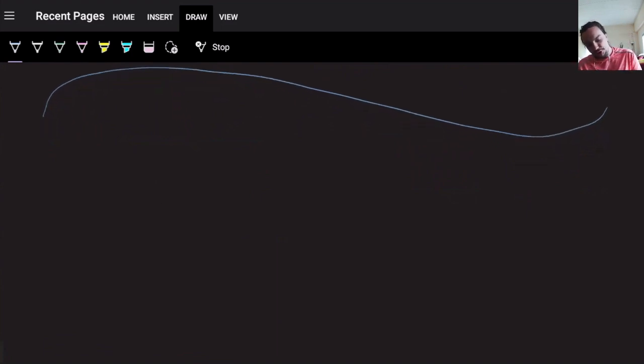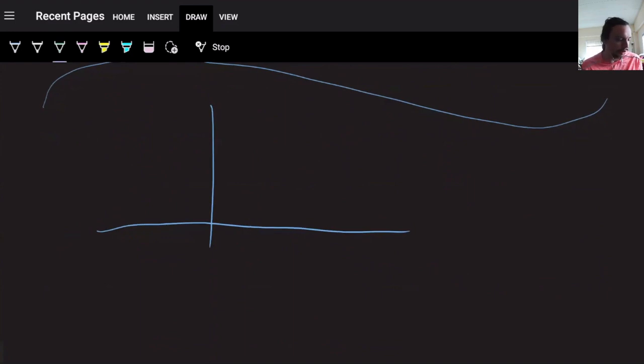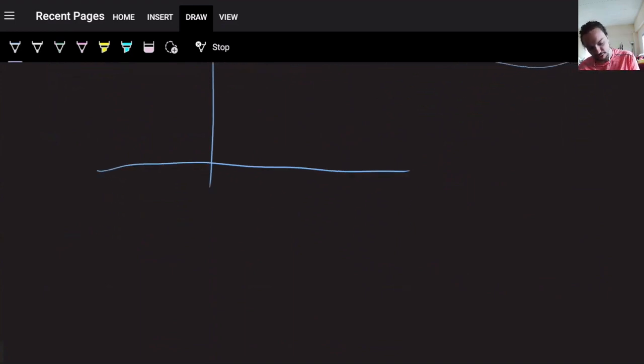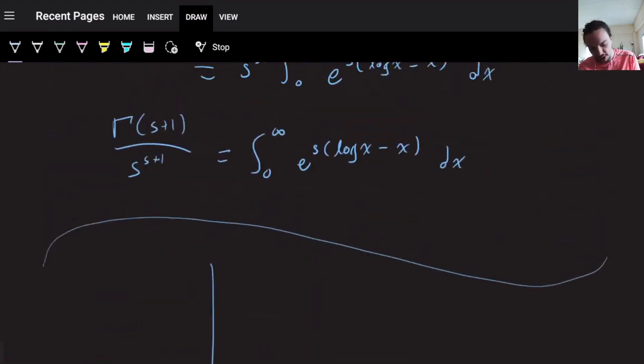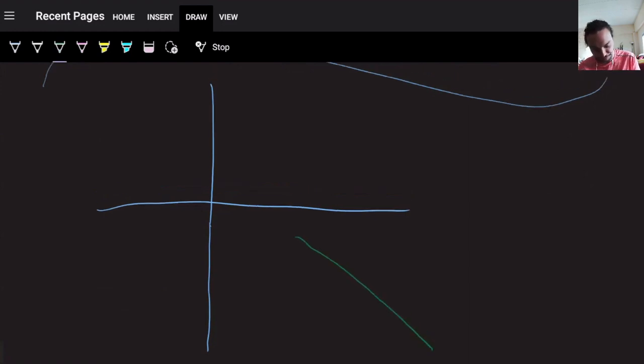So what's the picture here? The function log of x minus x looks something like this. For x big, the log part is not that big, and the minus x part dominates. So for x big, we get something that's going like that.